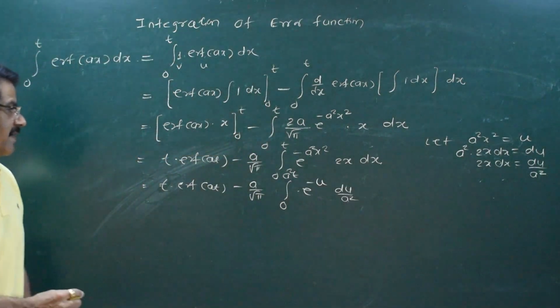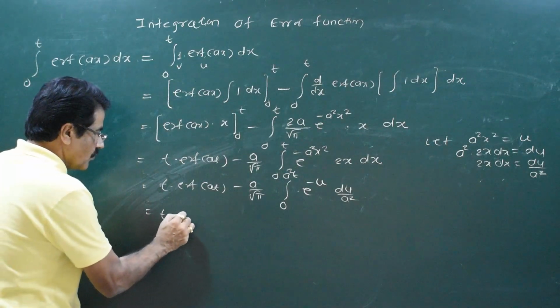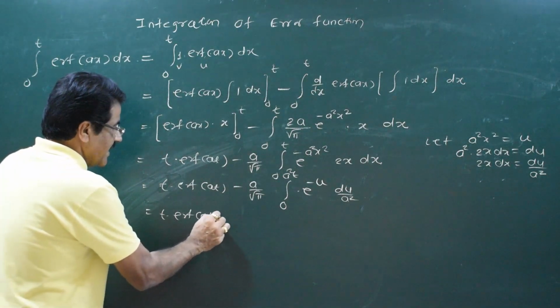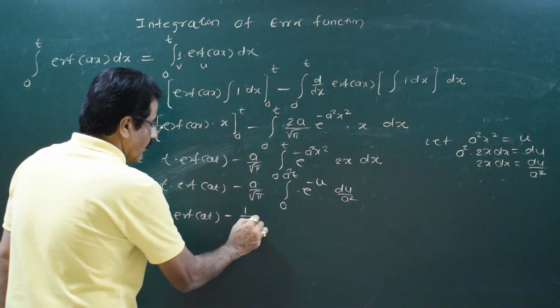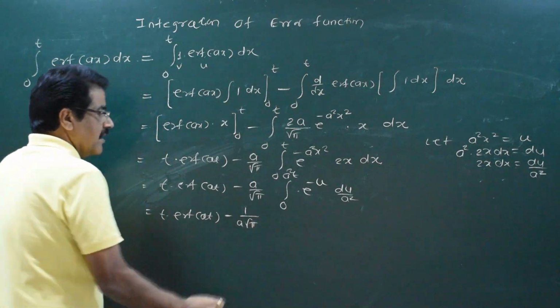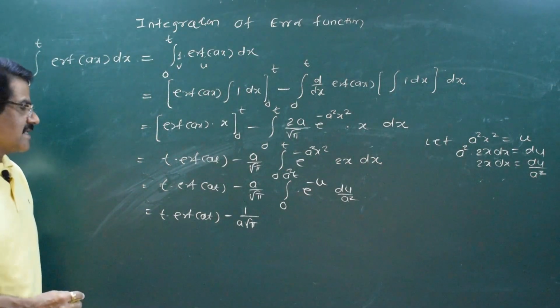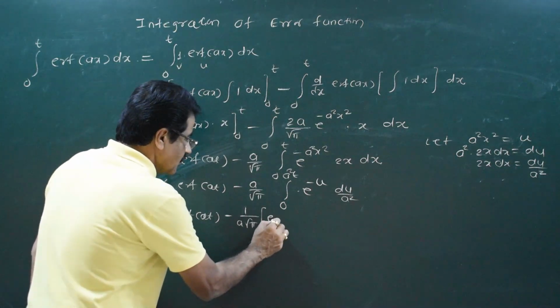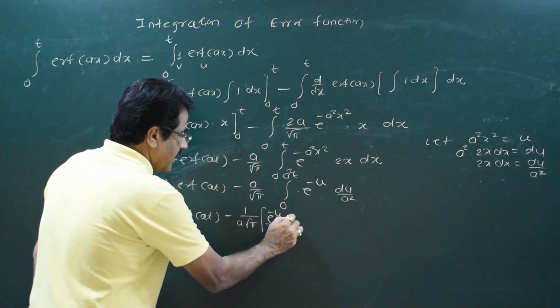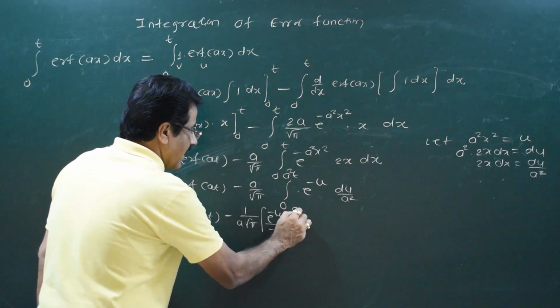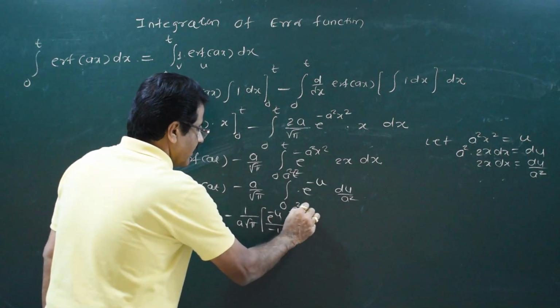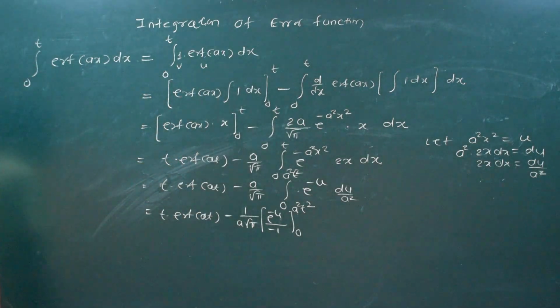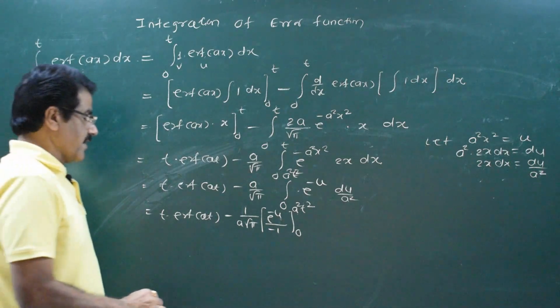Then next step is t into error function of at as it is, minus 1 upon a root pi. We can observe 1 a gets cancelled, into integration of e raised to minus u, which is e raised to minus u upon minus 1, and therefore we can write down limits as it is, 0 to a square t square.